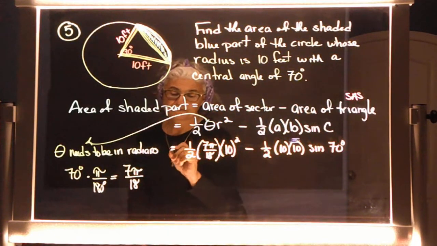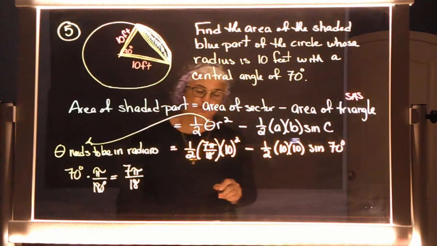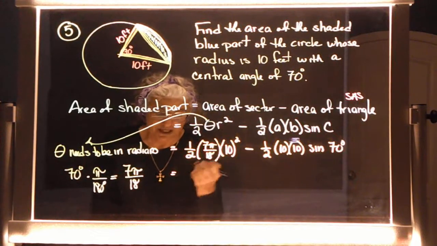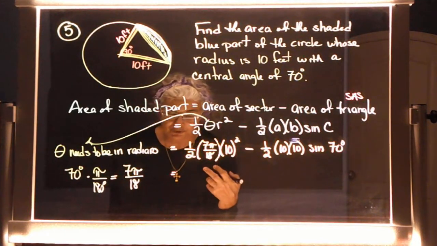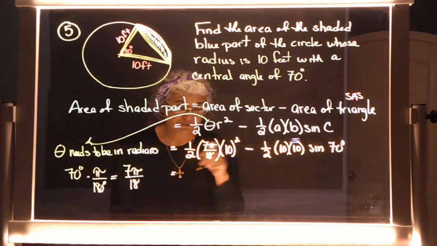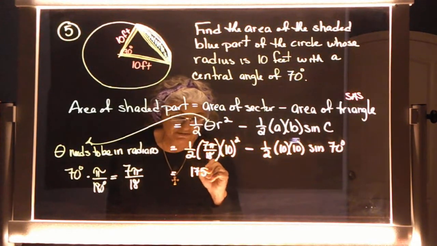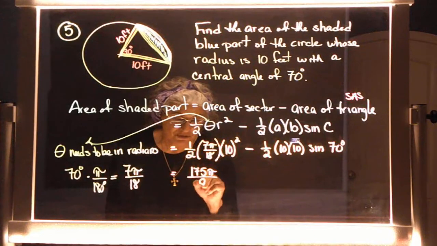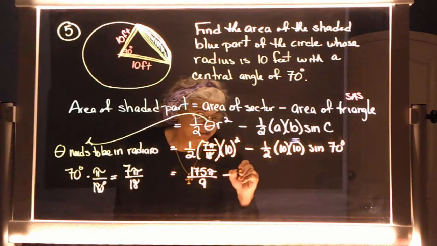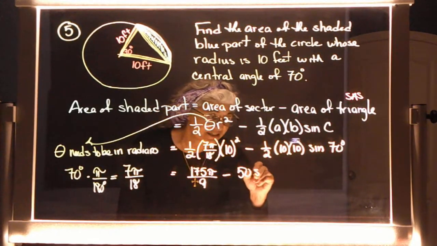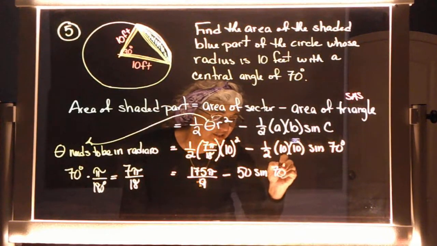Are you with me? Okay, so me personally, I just start multiplying these fractions together. So I end up with 175 pi over 9 minus 50 times the sine of 70 degrees.